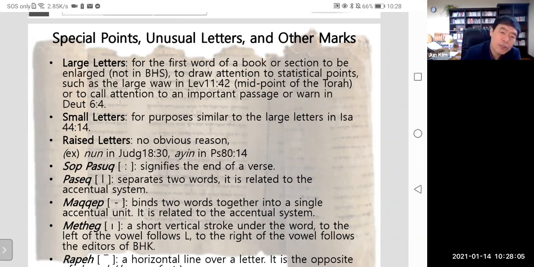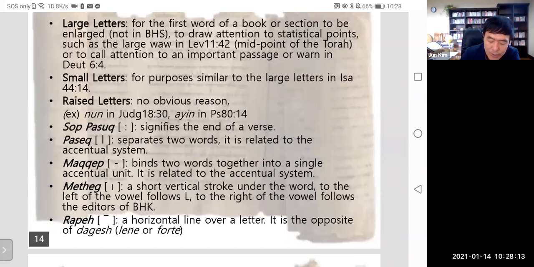Small letters are similar to the large letters, as in Isaiah chapter 44, verse 14. If you read the Hebrew Bible, you can see and recognize them. Raised letters have no obvious reason, for example the Nun in Judges 18:30 and the Ayin in Psalm 80:14.